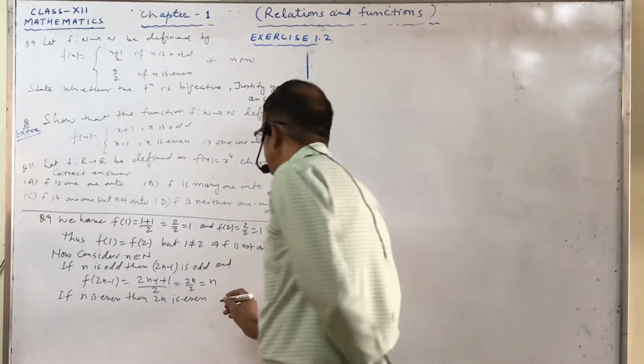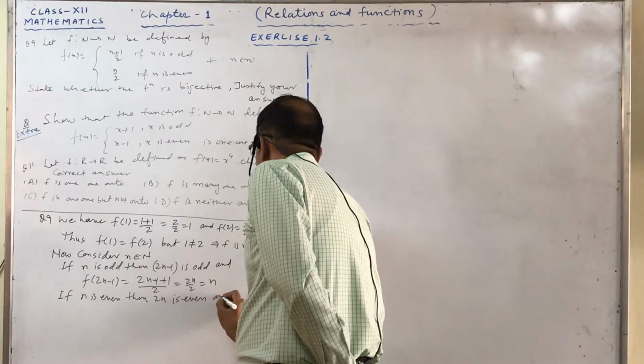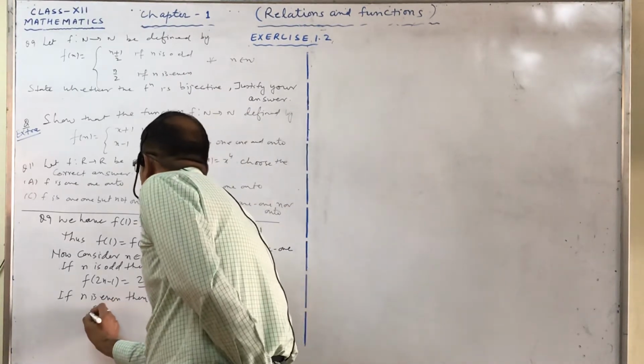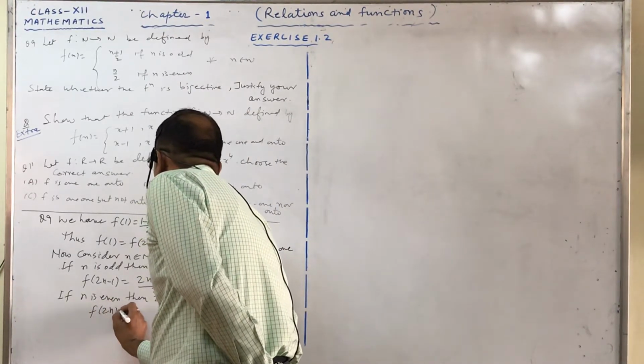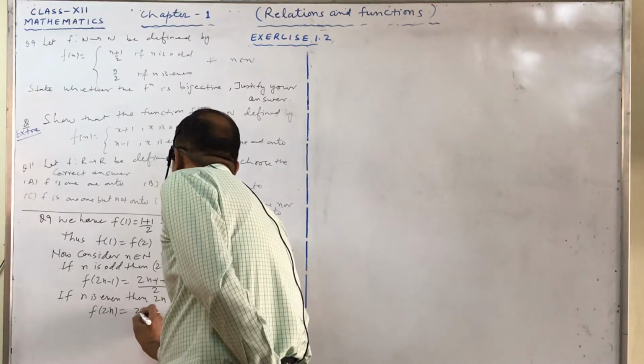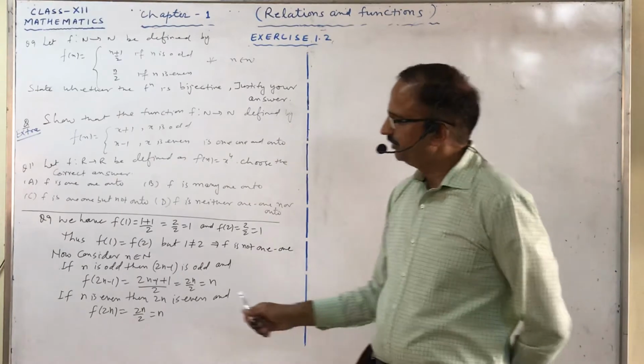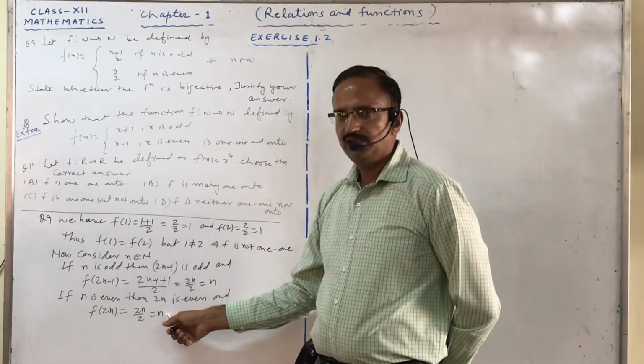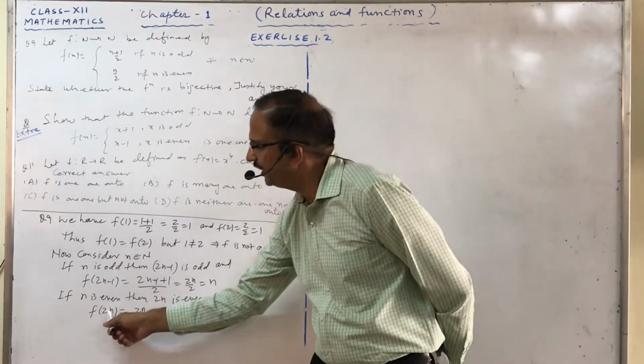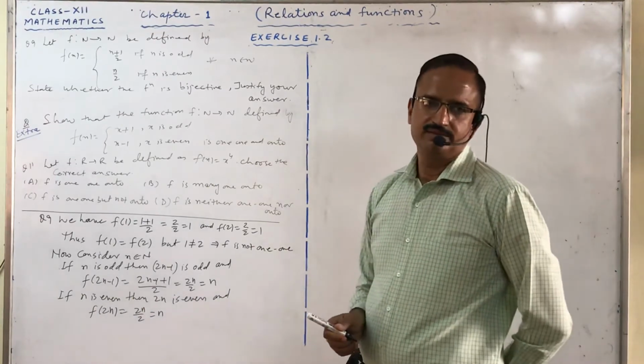So we will write f of 2n equals 2n by 2 and it is n. It means again this n has pre-image 2n.